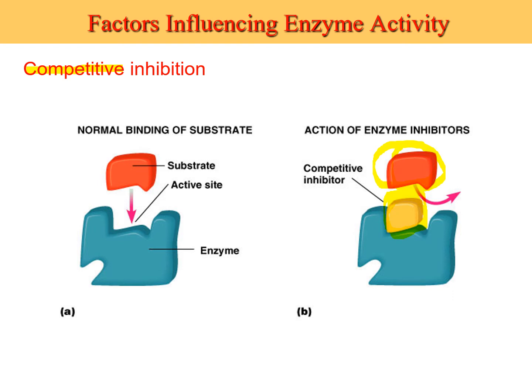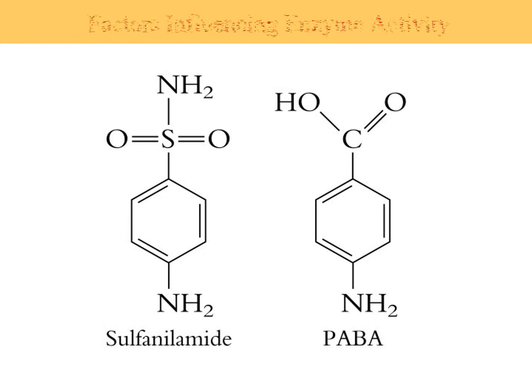I call it direct competitive inhibition. An example of a competitive inhibitor often is a molecule that has a very similar but not exactly the same structure as the natural substrate.